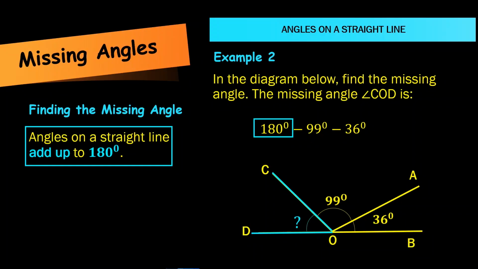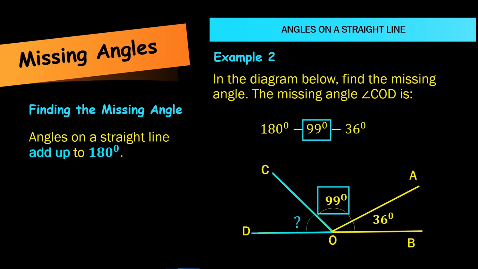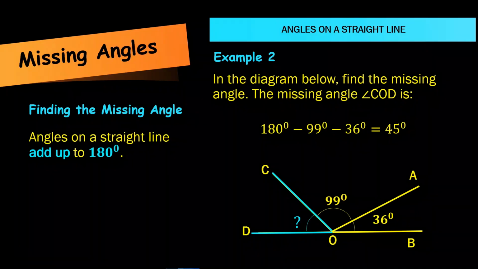So in order to find this angle COD, we need to take the 180 degrees and subtract from it the other angles on the straight line. So we need to subtract 99 degrees, and we also need to subtract 36 degrees. This gives us 45 degrees. So angle COD is equal to 45 degrees.